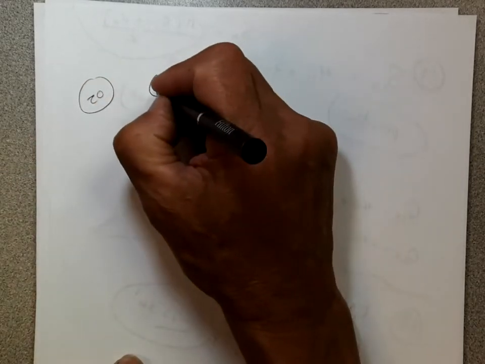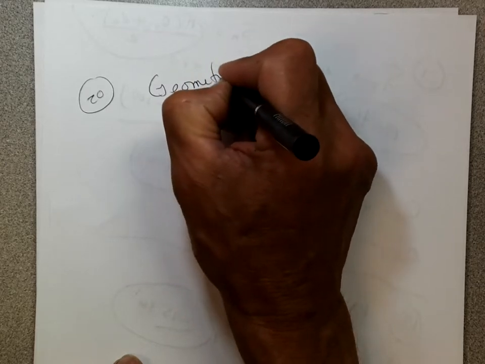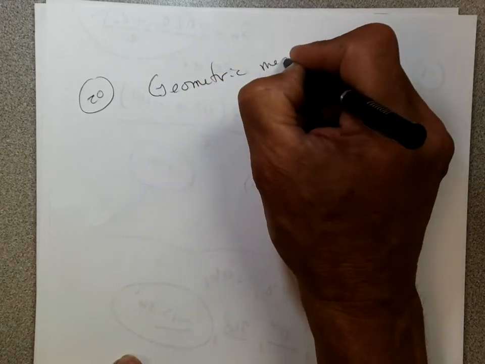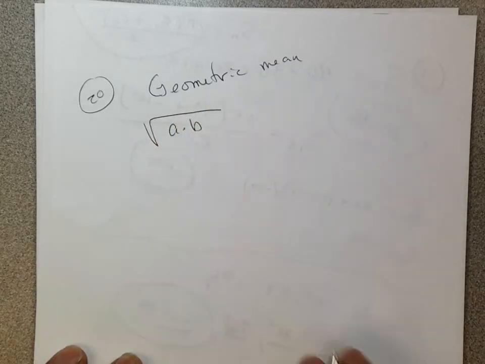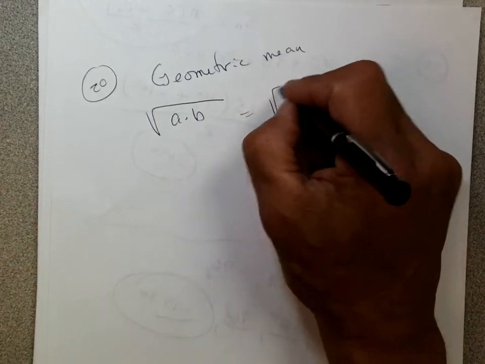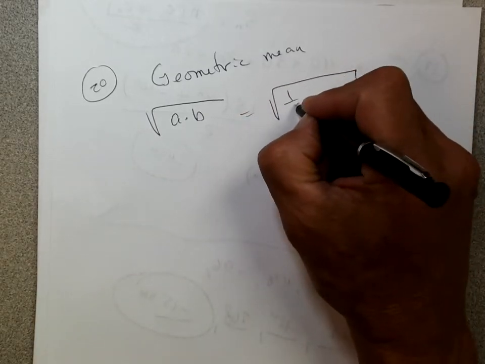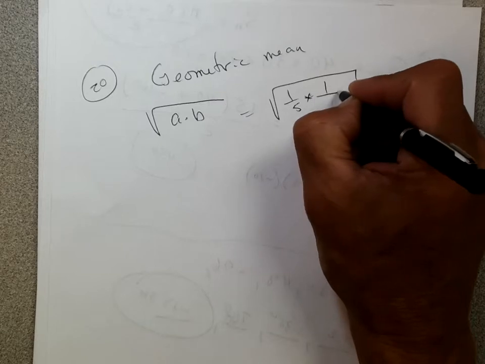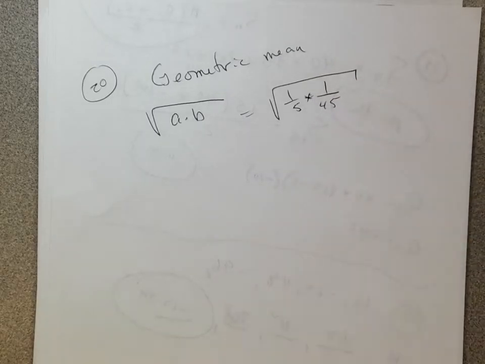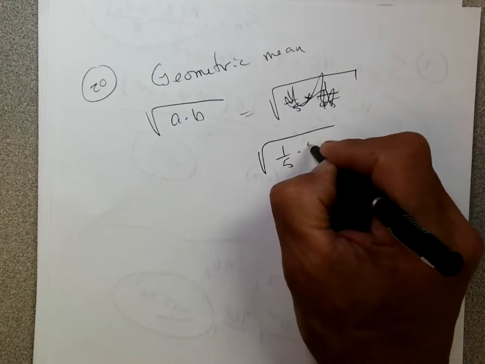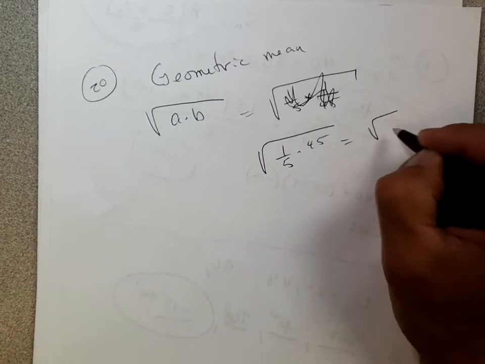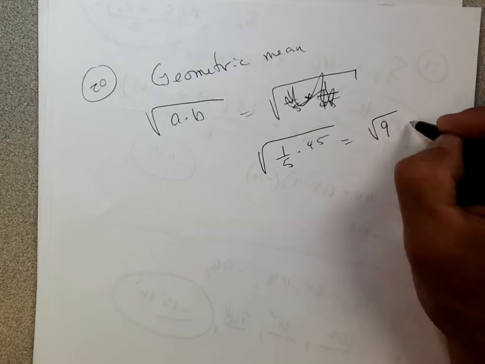Okay, geometric. This is easy. Geometric mean is just the square root of a times b. So it's the square root of 1/5 times 45, which is the square root of 9, which is 3.